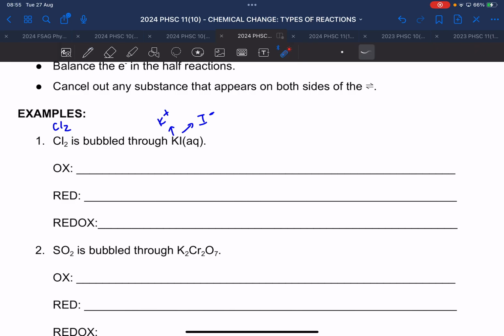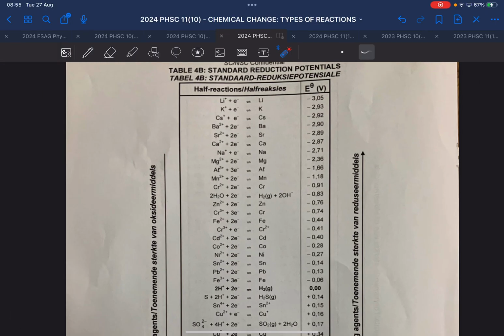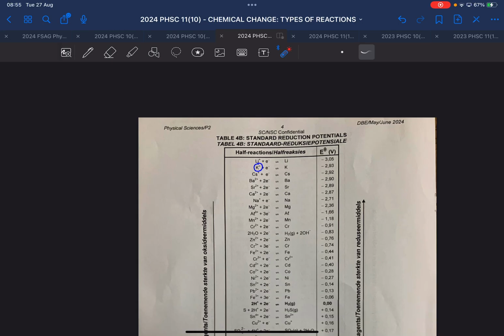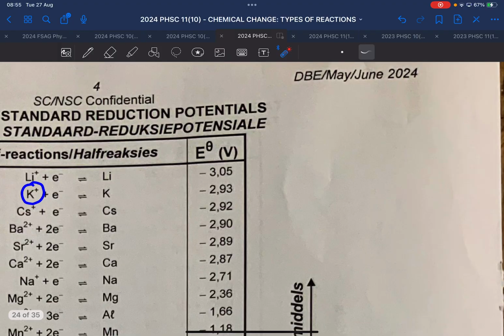So when we do that, you go to your table 4b and you look. There is the potassium ion. You encircle the thing that you start with. Don't encircle potassium, you start with the potassium ion. Okay, you all found potassium.